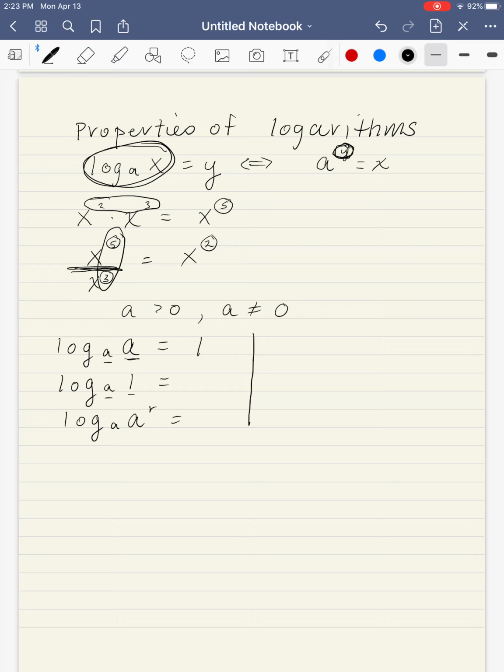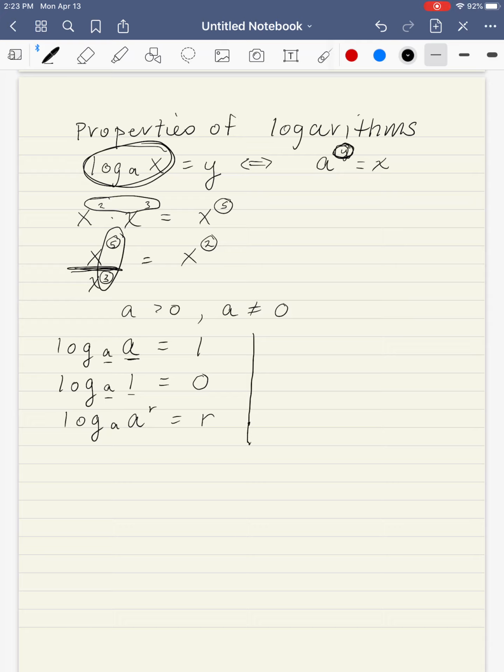So we see on this one that a to what power equals 1? A to the 0 power equals 1. And then this last one, a to what power equals a to the r power? And that one is r.